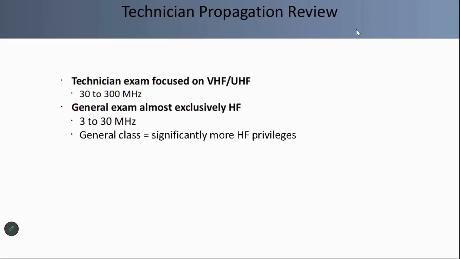This really makes sense because the General class license offers significantly more HF privileges than the Technician class license, which just has tiny little slivers with lots of restrictions. And what this opens up is global communications. You can literally have the world at your fingertips, talk to somebody across the world without the use of a cell phone or anything like that. Well, something similar, I guess.